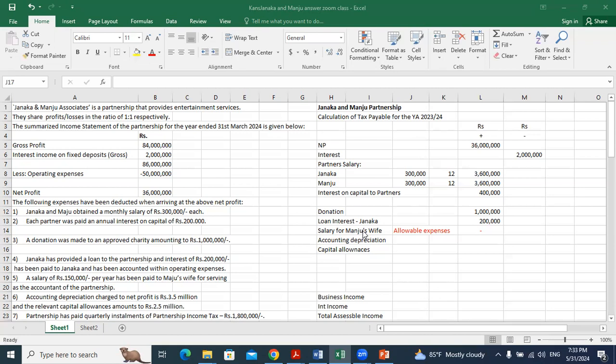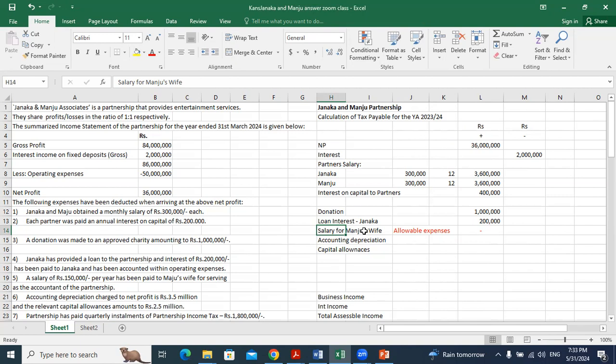But when Manju's tax computation is done, the salary paid to the wife has to be taken as an income of the partnership by Manju. That is as per the present section number 52, 53, subsection 7. If you want, you can read these sections.